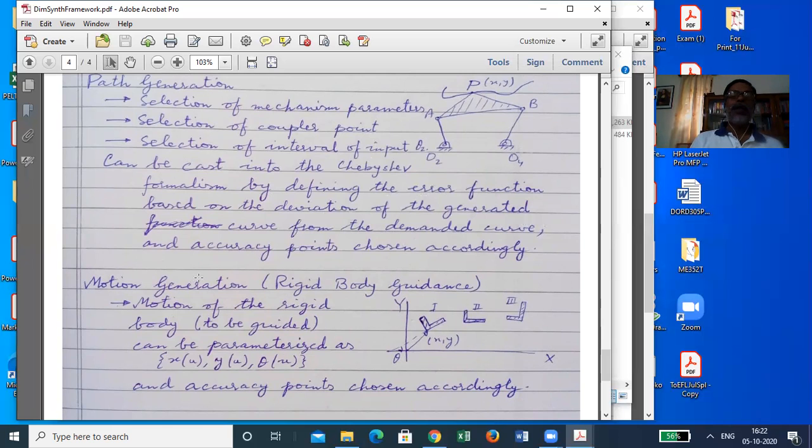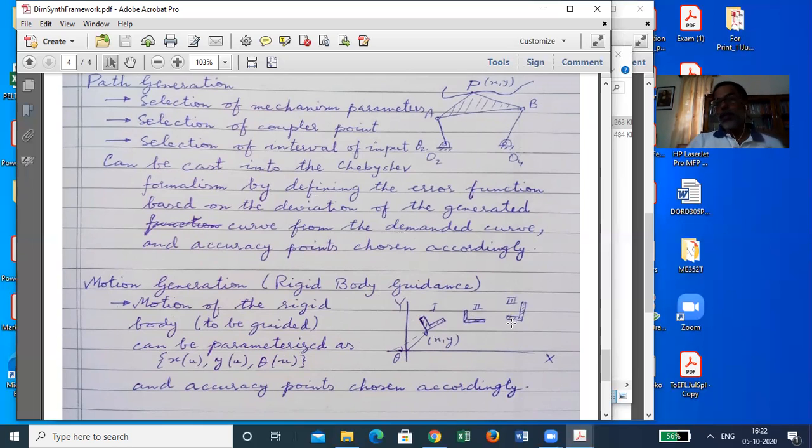How do you do it for the motion generation problem? This is not even this simple. What is the problem here? In the motion generation problem, you have to guide a rigid body through specified positions and orientations. Okay, so say first position, second position, and third position.